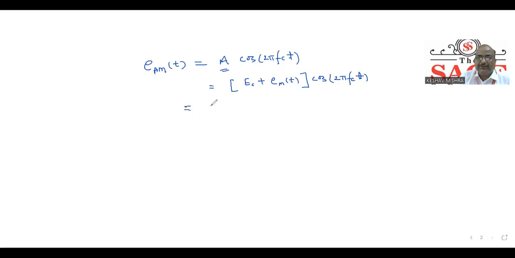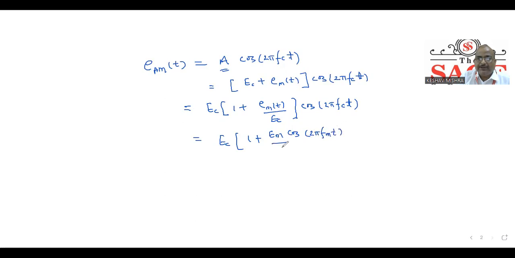We can write this signal in another way. Take Ec as common: Ec times 1 plus Em(t) divided by Ec, times cos 2 pi fc t. This can be further written as Ec times 1 plus Em cos 2 pi fm t by Ec, times cos 2 pi fc t. So this is Ec times 1 plus m cos 2 pi fm t, times cos 2 pi fc t, where the ratio of Em and Ec is the modulation index by definition.